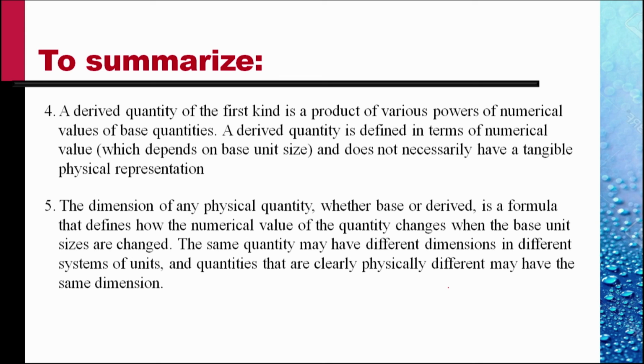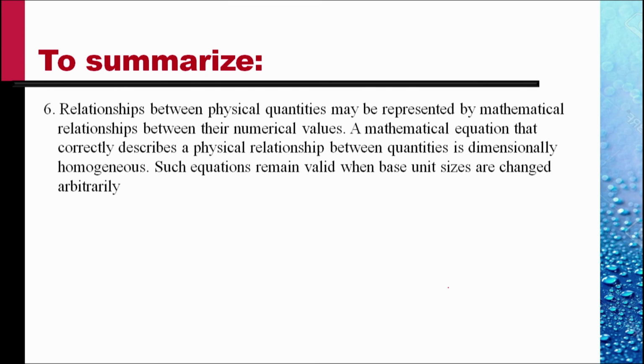And quantities that are clearly physically different may have the same dimensions, like torque and work done. They are two entirely different physical quantities, but have the same dimensions in the M, L, T system of units, like our SI system of units.